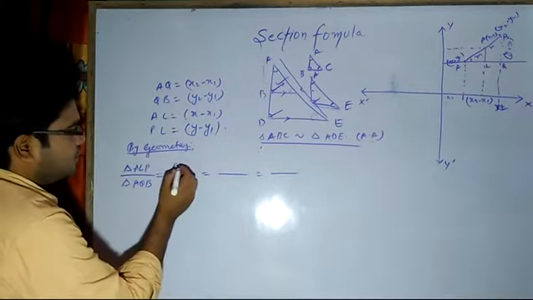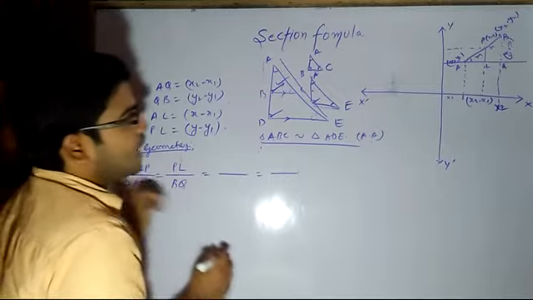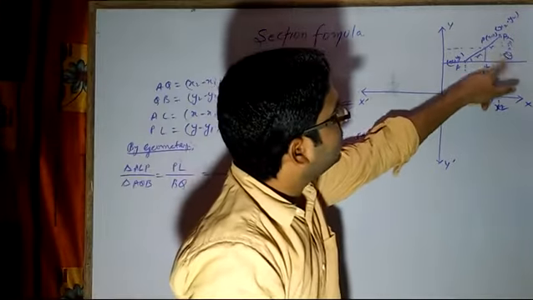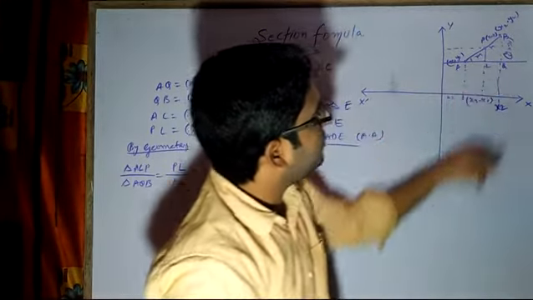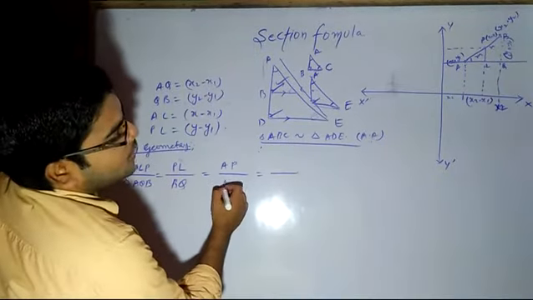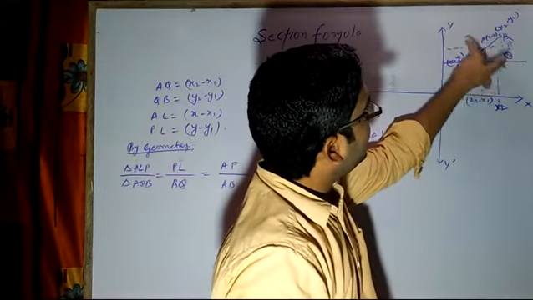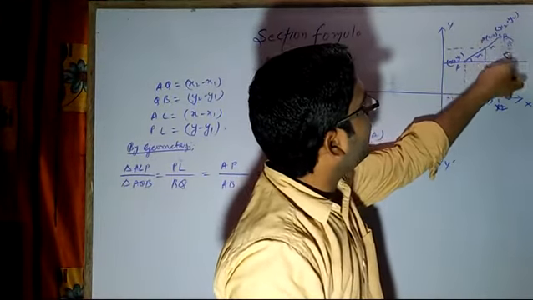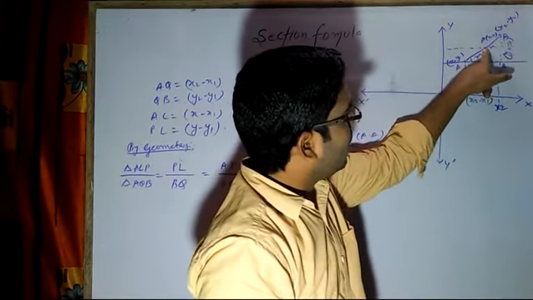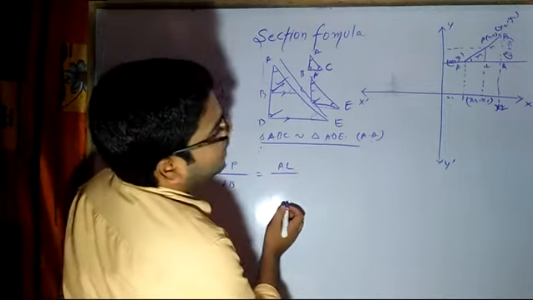Right. So I will be writing PL upon BQ. Then I will be writing this. Okay. The opposite to this we are having AP. AP upon AB. Opposite to this I will be taking AL upon AQ.